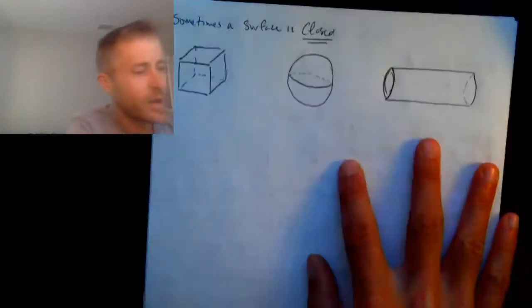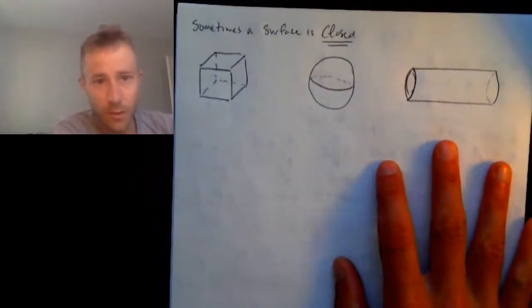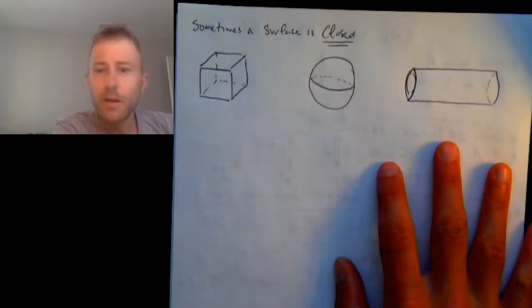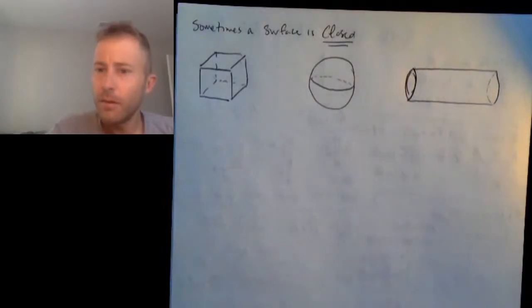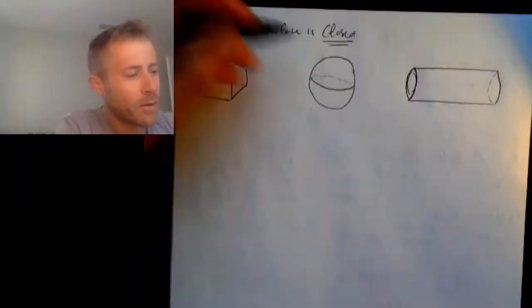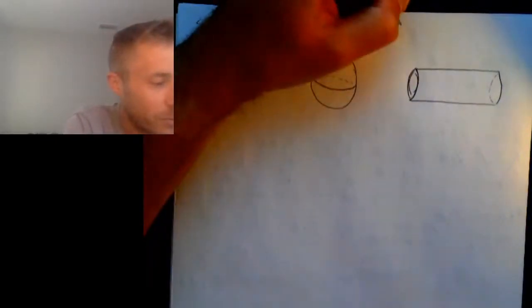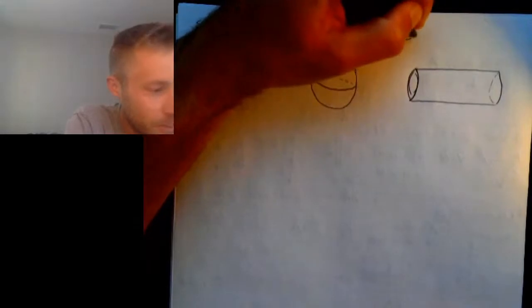Has an inside and an outside. So these are all closed surfaces, and you can calculate the flux of an electric field through a closed surface. When you are calculating the flux through a closed surface, you modify the symbol a little bit.